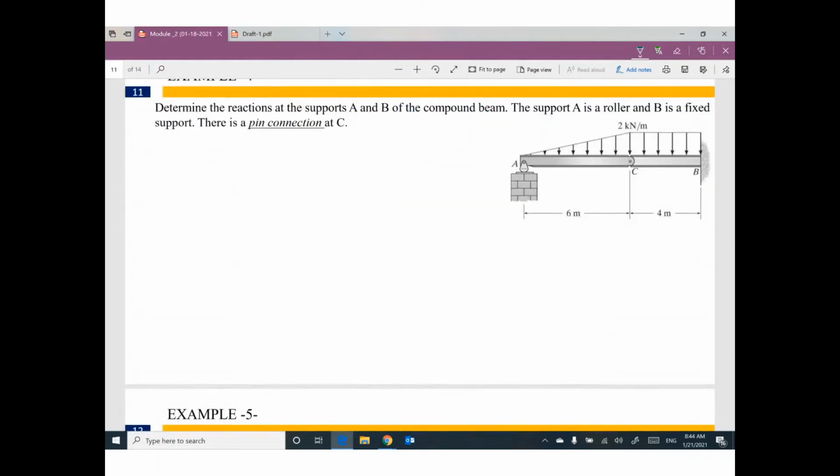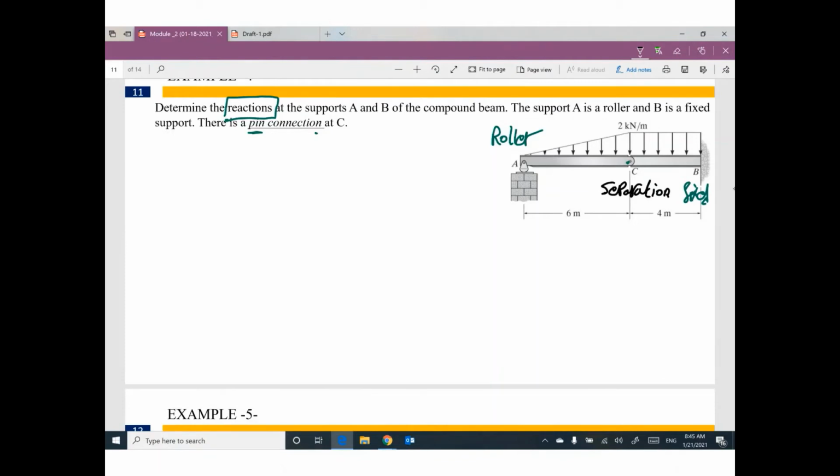So let's do this problem. We need to figure out the reactions of this problem. Support A is roller. Support B is fixed. And we have pin connection at C. We have too many things to do in this problem. The first step we need to do is separation at C. Why?